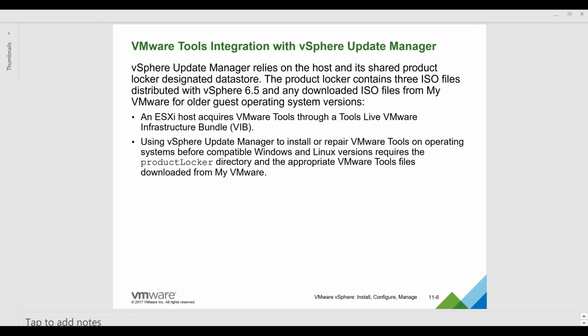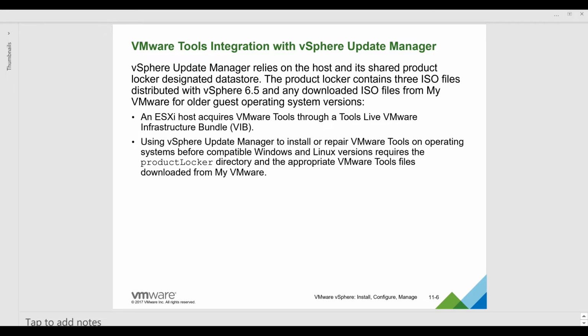We can also update our VMware Tools. So let's say we've patched ESXi, it puts a new version of VMware Tools out there on the host. Well, let's say we've got Windows or Linux machines running in our environment, and it now has a newer version of VMware Tools.